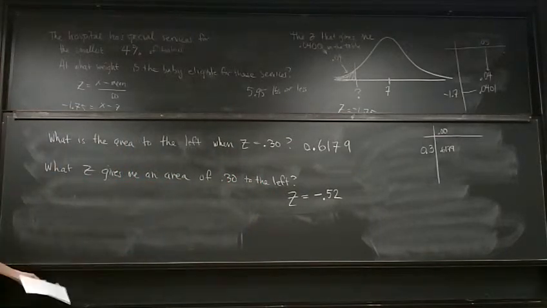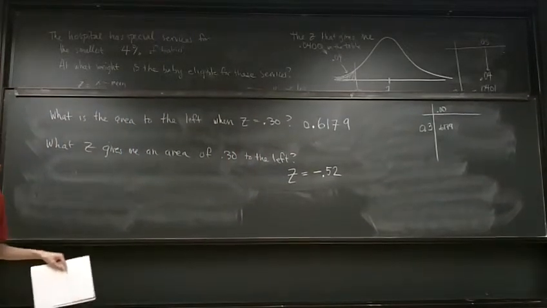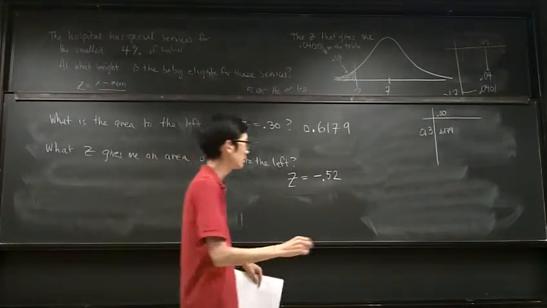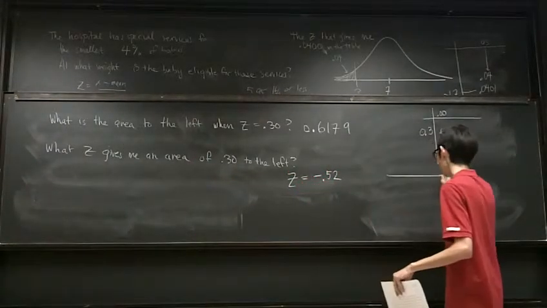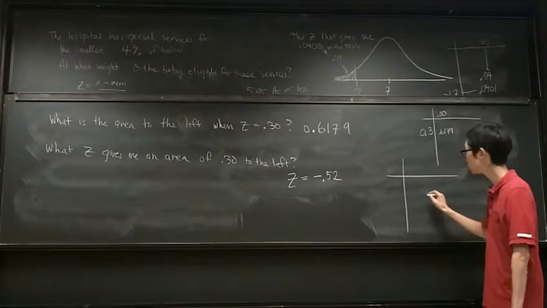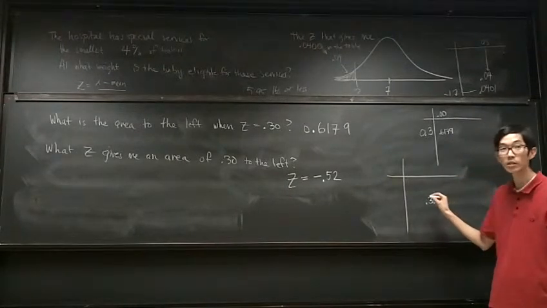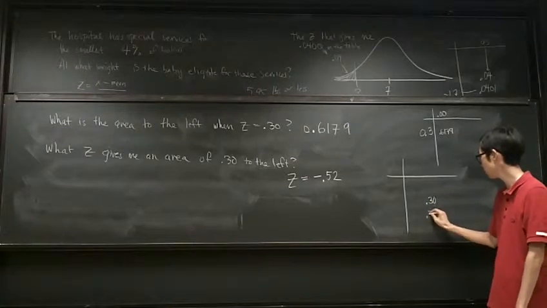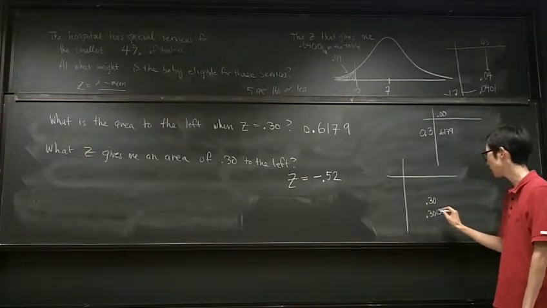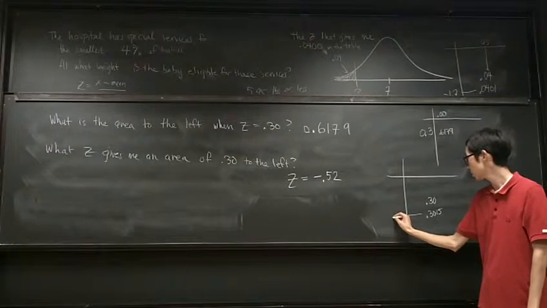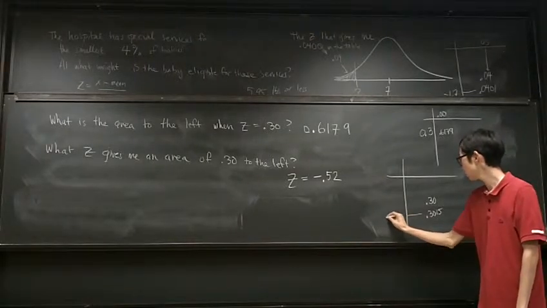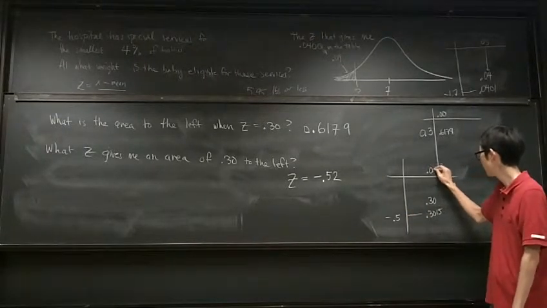What z gives me an area of 0.30 to the left? I go to the z table and look for the closest thing to 0.30 that I can find. The closest thing I can find is 0.3015, and that lines up to the row negative 0.5 and the column 0.02.